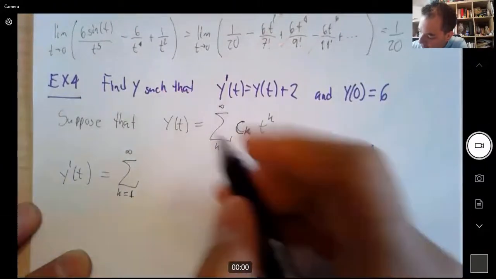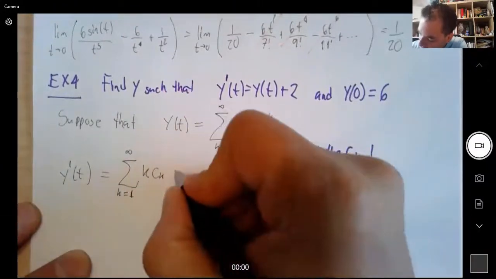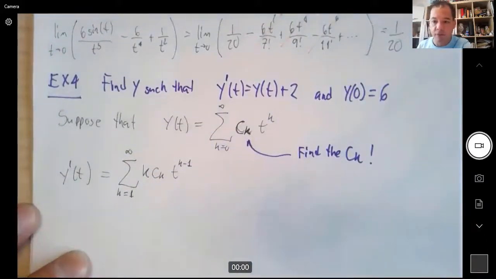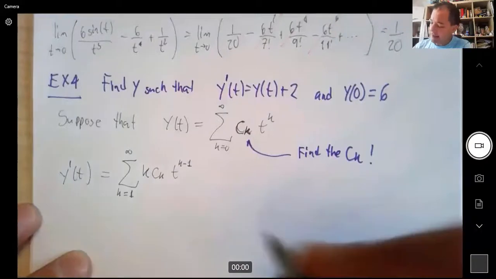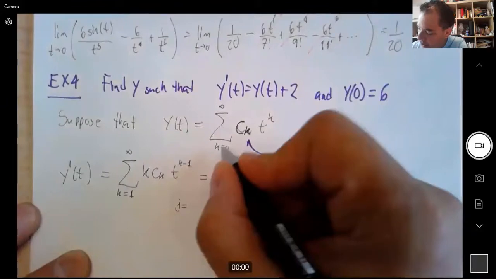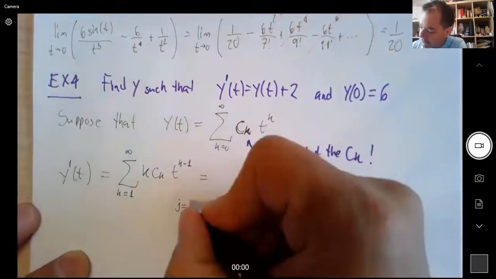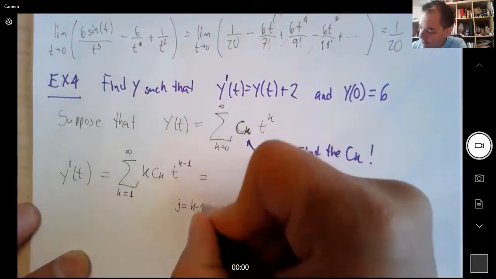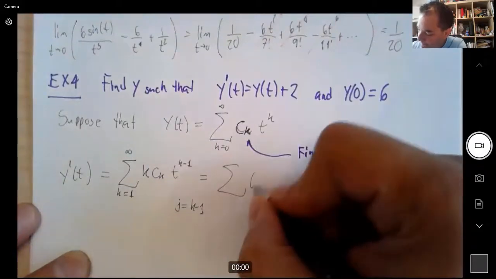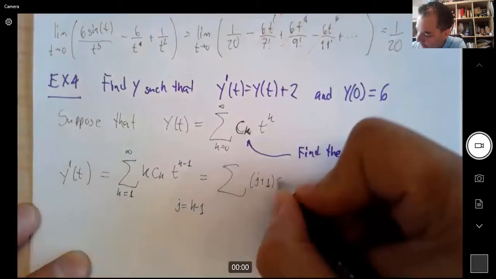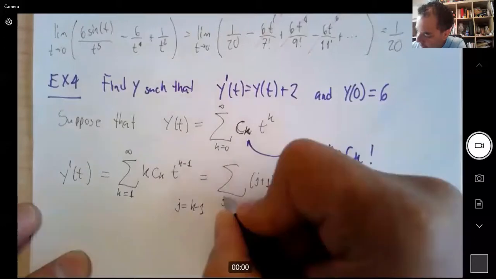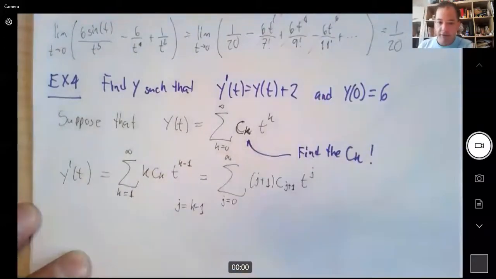And then the k comes down, multiplies c_k, and we subtract 1 from the exponent. Right? That's the derivative. Now, let's do the j substitution so that it starts at the same place as the original one. So let's make j equal k minus 1. Then this looks like the sum of (j plus 1) c_{j+1} t to the j, from 0 to infinity, right?